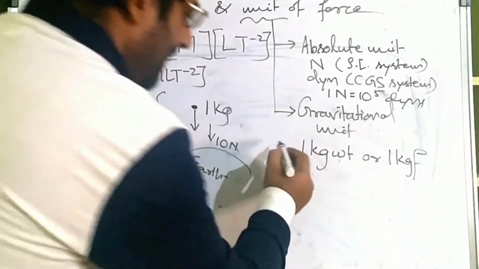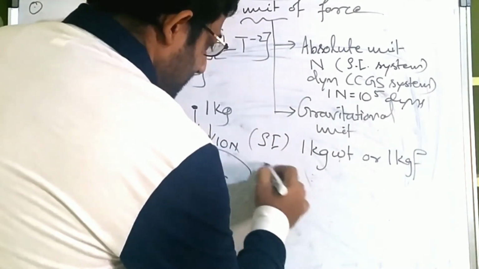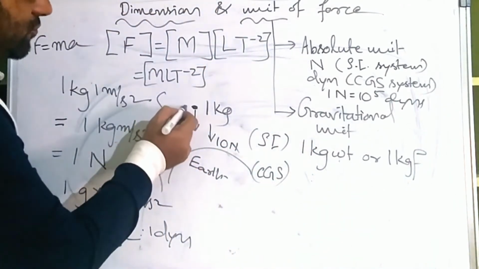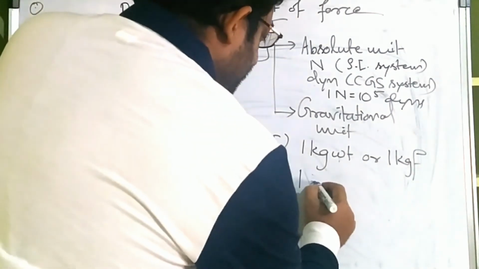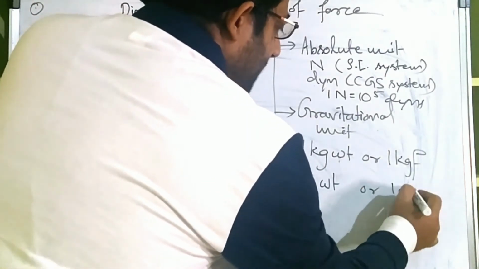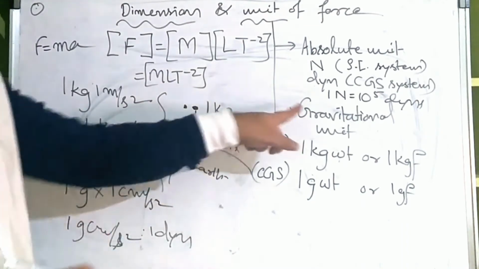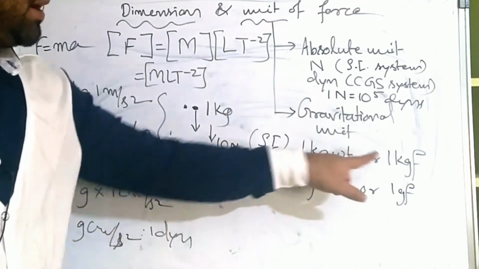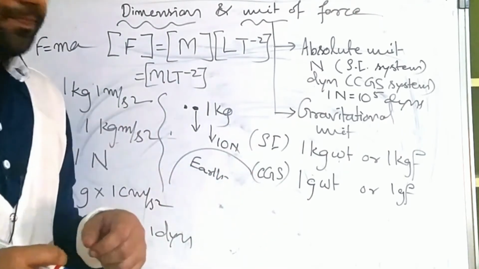Again this is the SI system, and if we take the CGS system, we will see with what force 1 gram is being pulled by earth. So 1 gram weight or 1 gram force will be the gravitational unit in the CGS system, and 1 kg weight or 1 kgf is the gravitational unit in the SI system.